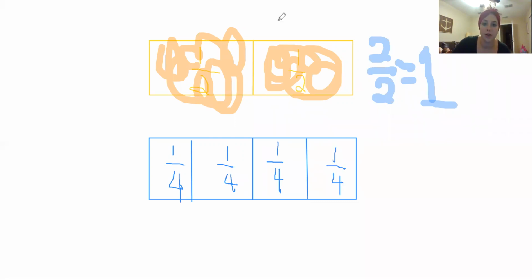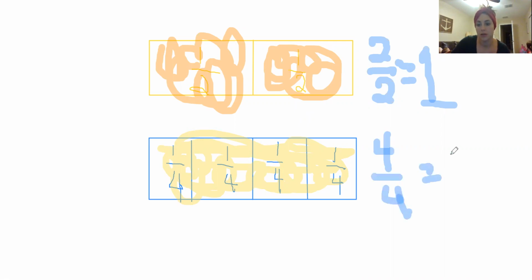If I were to shade the whole thing in, I know that would be 4/4, which is equal to 1 whole. Those are things that we've gotten used to, and that's a review.